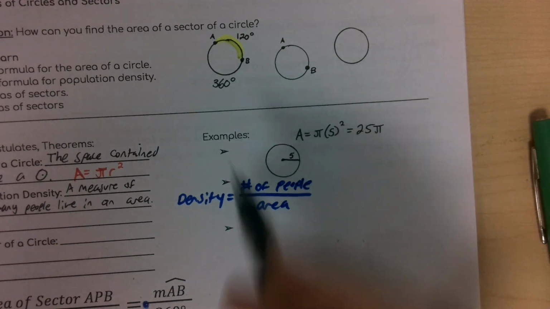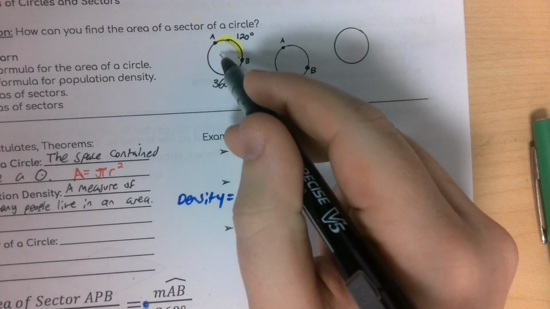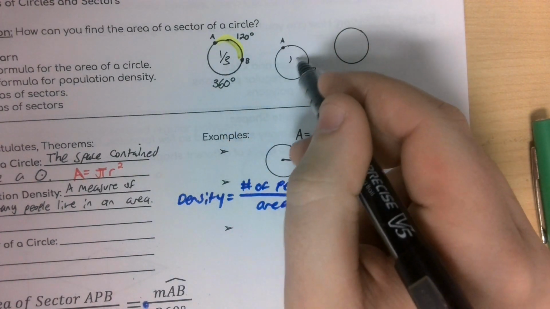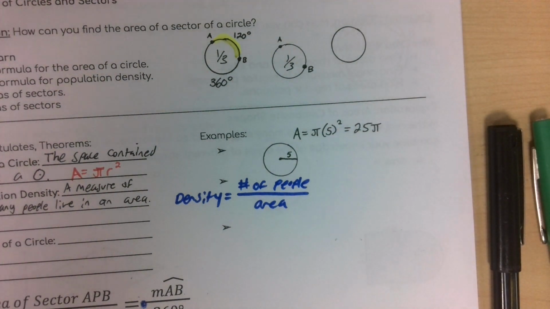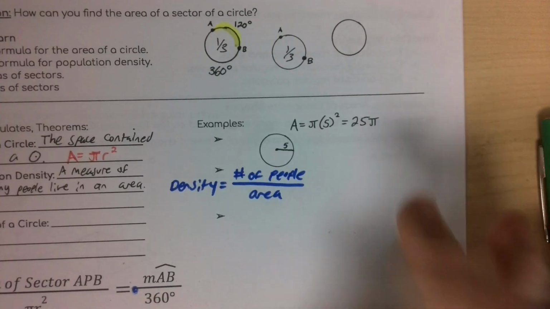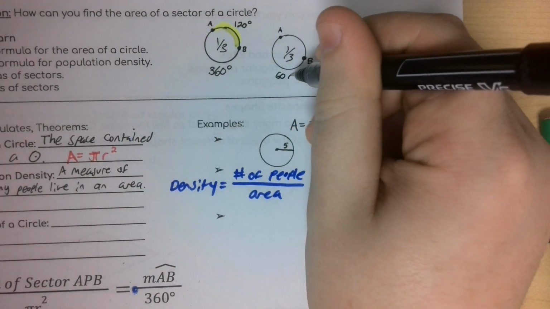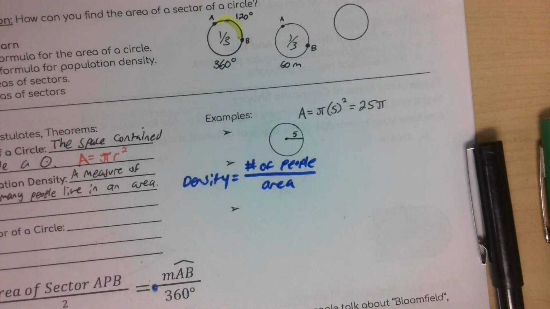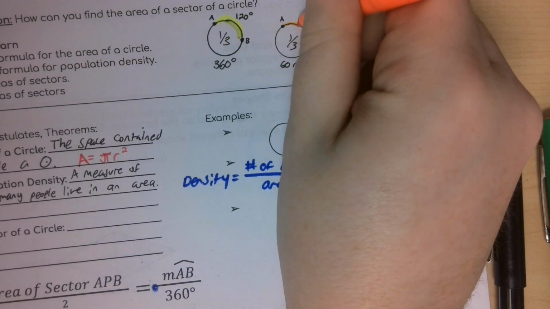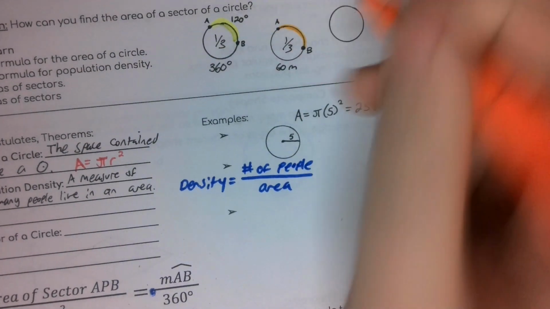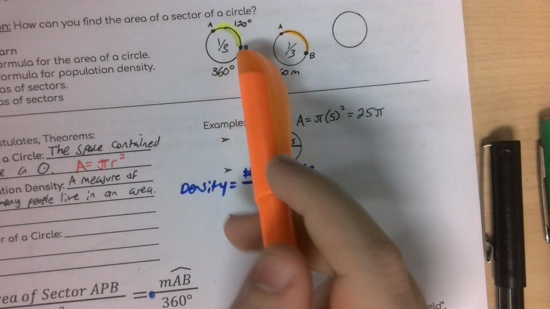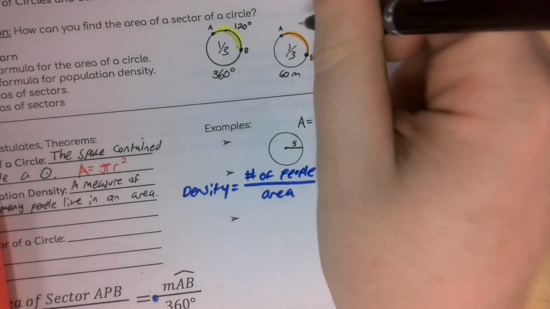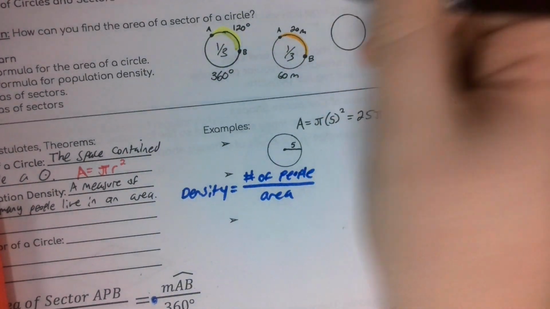What we learned is this same ratio, let's say of 1/3, works even when we are talking about the arc length. So let's say I told you that this arc length was 60 meters. If the entire circumference is 60 meters, and we know that this arc takes up 1/3 of the circle, 1/3 of 60 would be 20 meters.